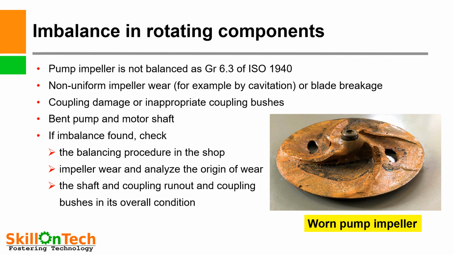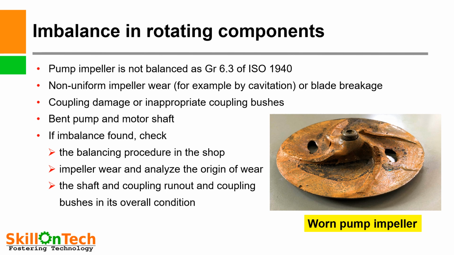The pump impeller is not balanced as per grade 6.3 of ISO 1940. The pump impeller shall be balanced as per grade 6.3. But generally, if the impeller is not balanced as per grade, it may be a reason for vibration in the pump.